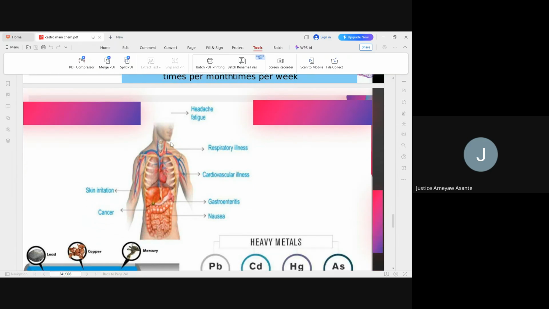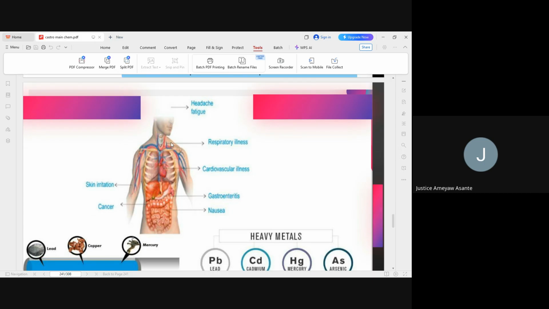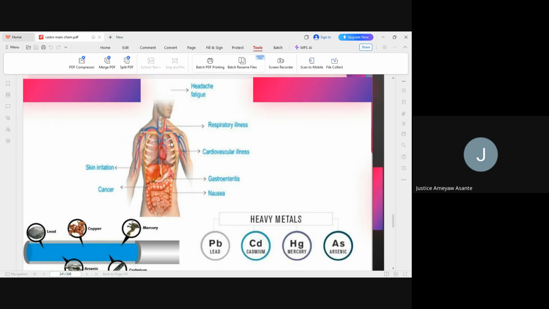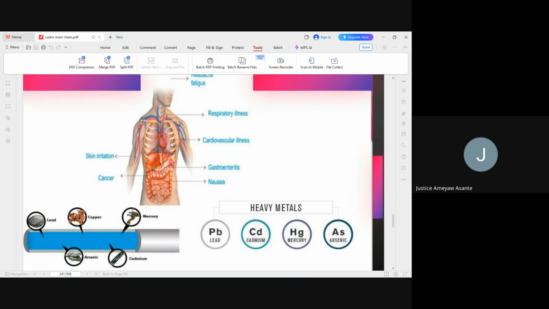So what are the symptoms? That's when human beings reach a poisonous level: headache and fatigue, respiratory diseases, cardiovascular illness, gastroenteritis, nausea, cancer, skin irritation.